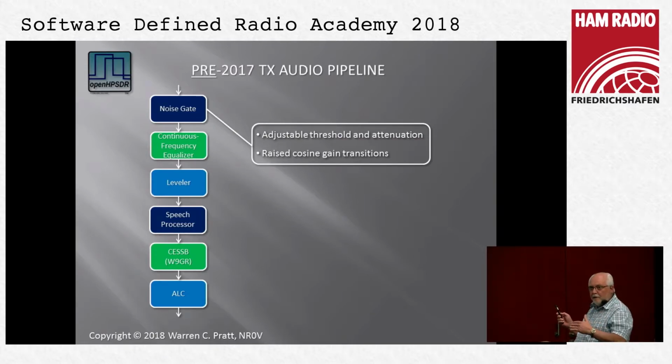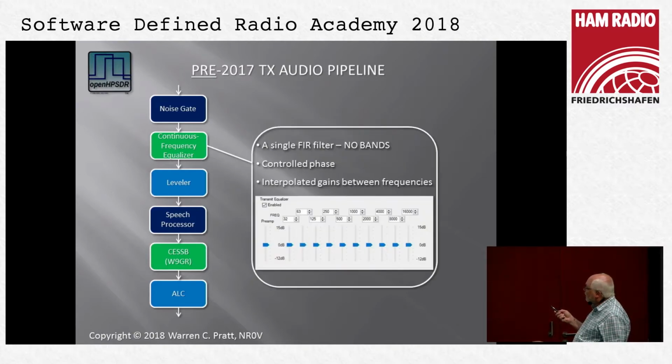And it was a fairly complete pipeline for an SDR. We began with a noise gate with nice raised cosine gain transitions, had a continuous frequency equalizer where you can specify a number of frequency points, specify the gain you want at each point, and the gain will be interpolated in between those points.